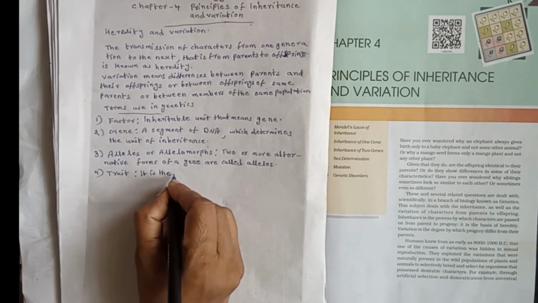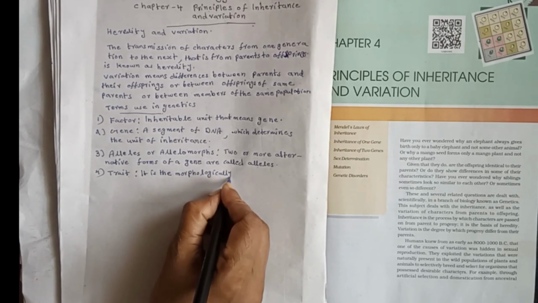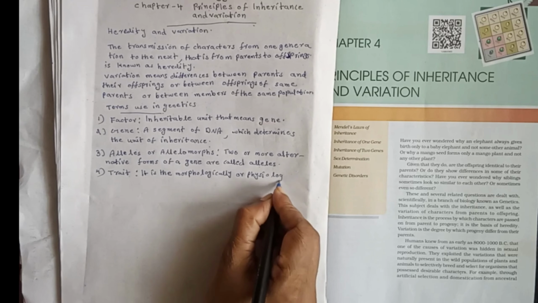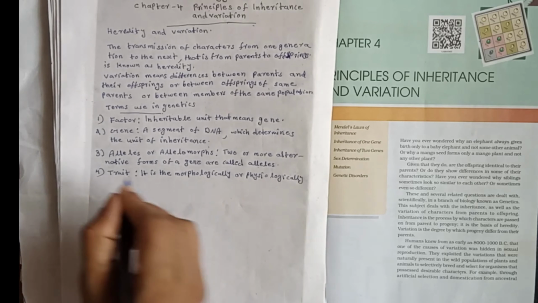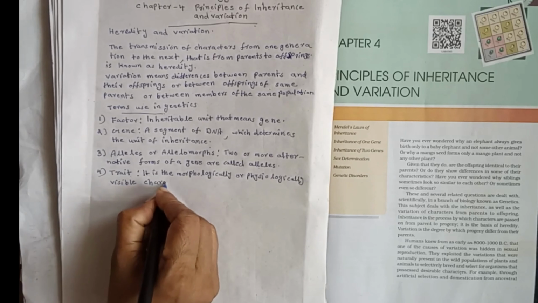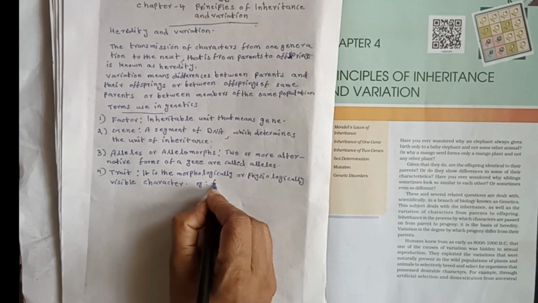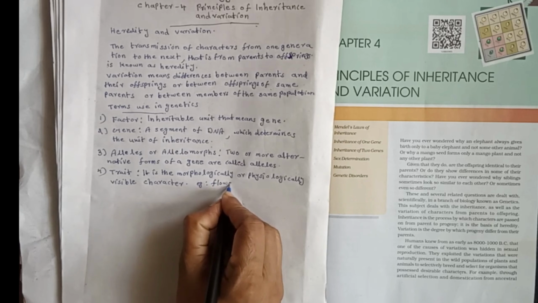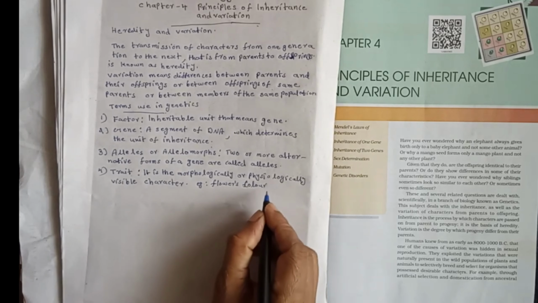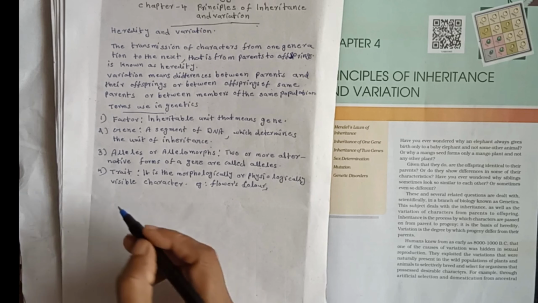Example: flower color, skin tone, length of hair, etc. are considered as traits.